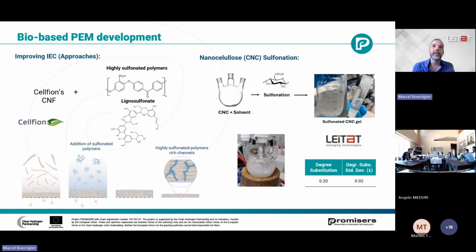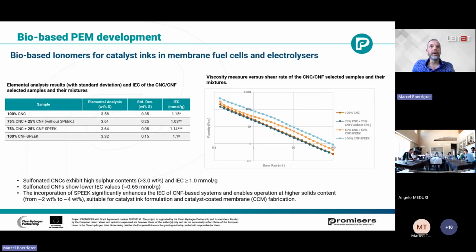So when you sulfonate cellulose materials, it gets very viscous. This is one of the main issues of cellulose materials, which you can see here. That's why we're also coming to the next point. We also want to use these ionomers for the catalyst inks, so we need a certain range of viscosity to apply this as an ink in the MEA.